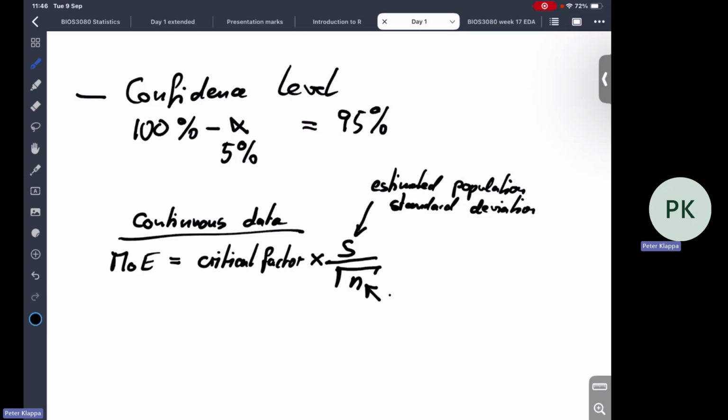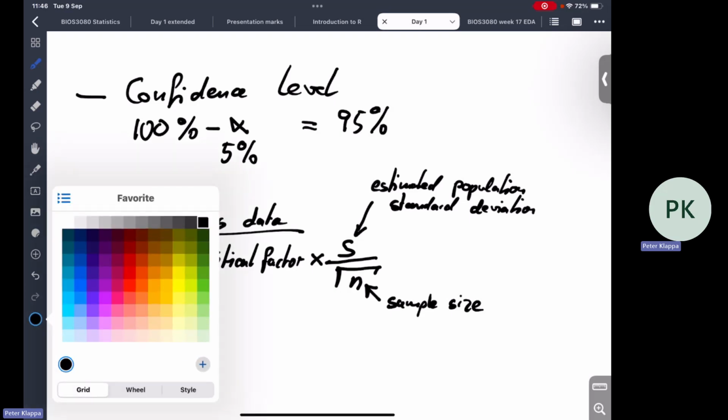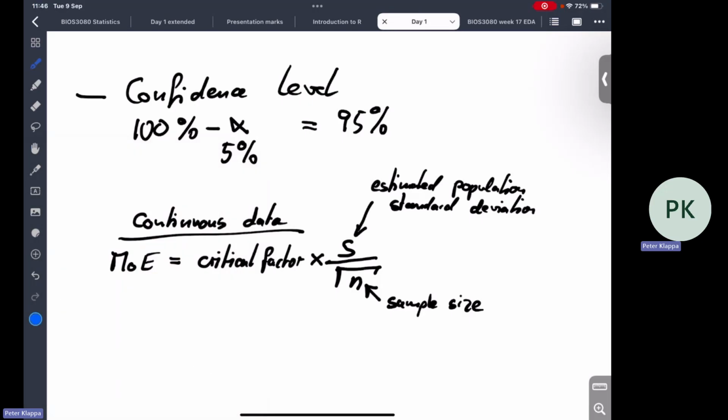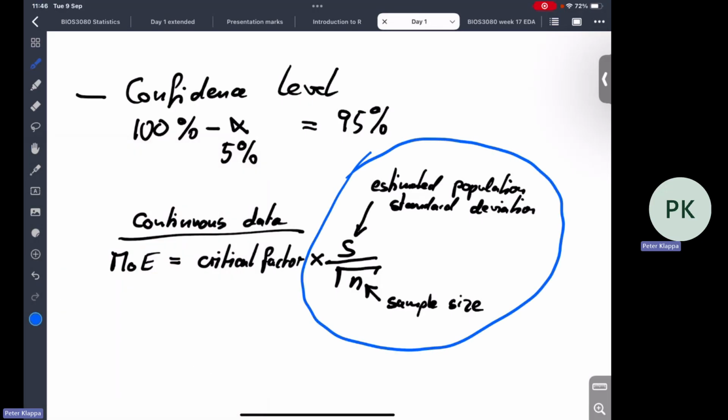N is the sample size. And actually, this whole thing here, this S over square root n, because it appears so many times in statistics, has even a name.